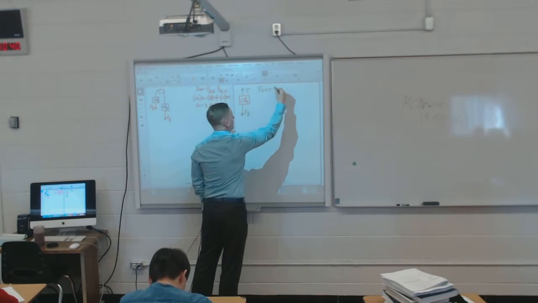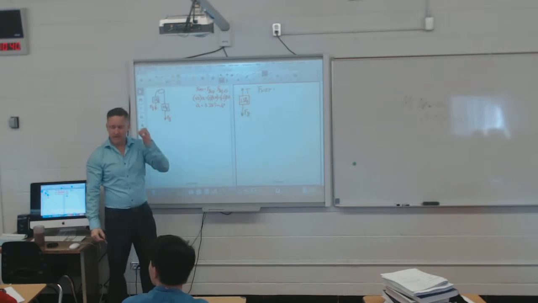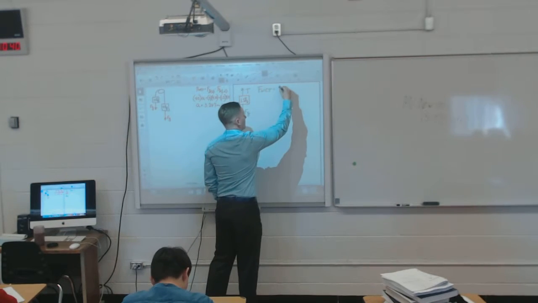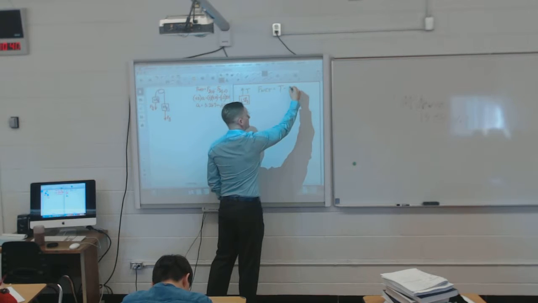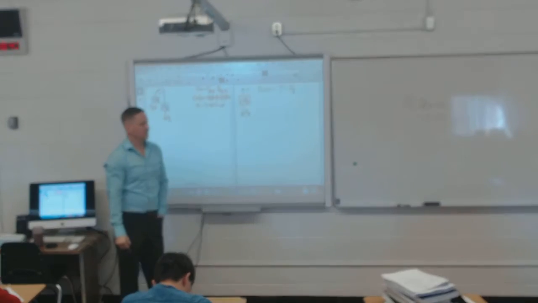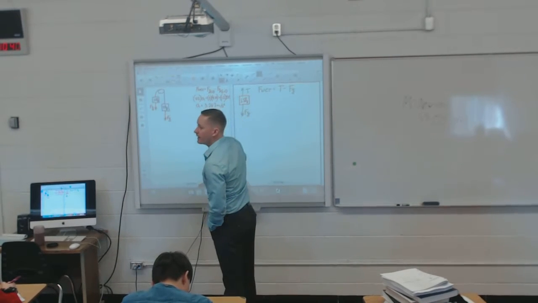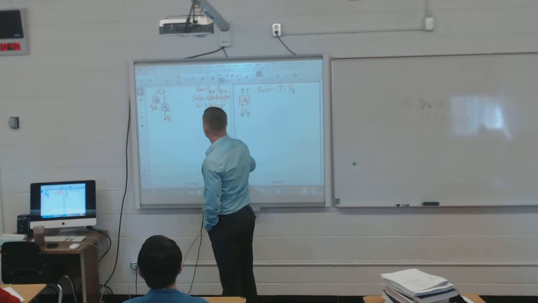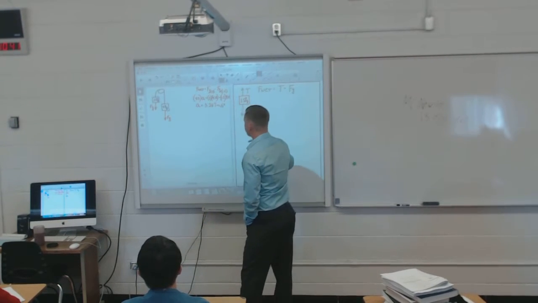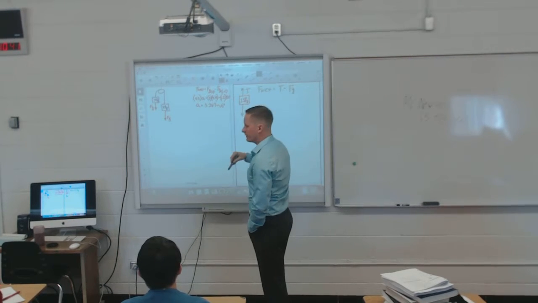Which direction is it moving? Tension first. And what's holding it back? Force of gravity. Tension is not equal to force of gravity. I'll show you why in a second.